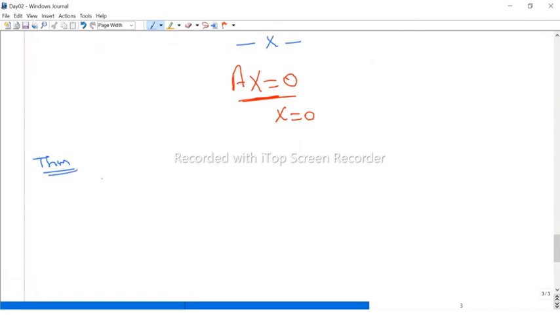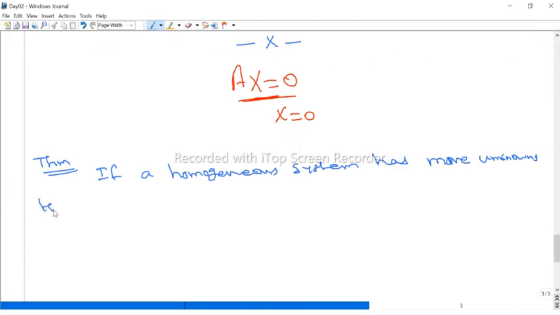So the theorem: if a homogeneous system has more unknowns, or variables, than the number of equations, then the system has infinitely many solutions, not only the trivial solution, it has other solutions also. So if the number of unknowns is more than the number of equations, then it has infinitely many solutions.